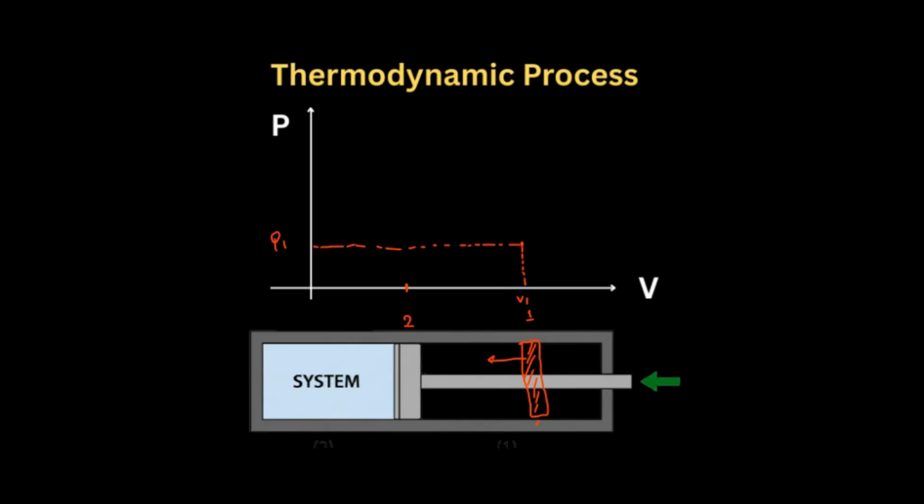When it moves towards the left, what will happen? The state of the system will slowly change and it will reach point 2. At point 2, you can see the volume is V2 and the pressure is P2. So this was our initial state 1, and this is our final state 2.